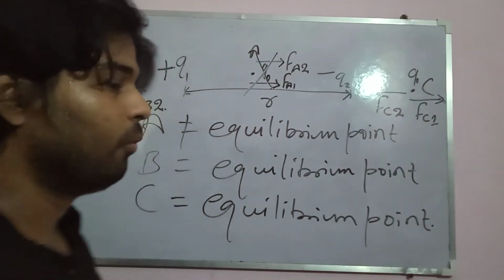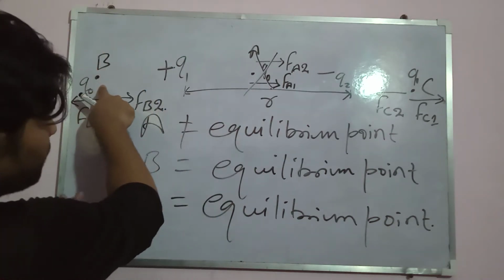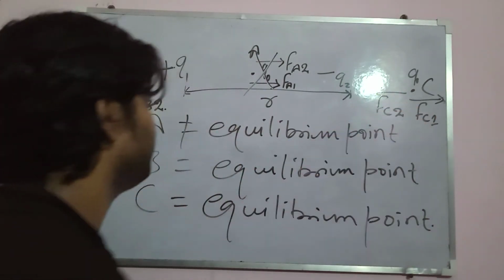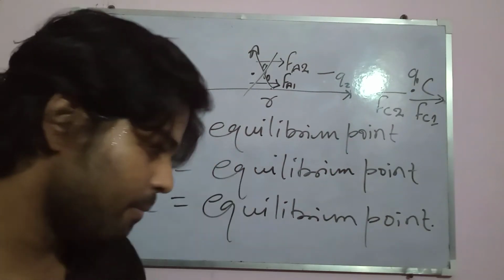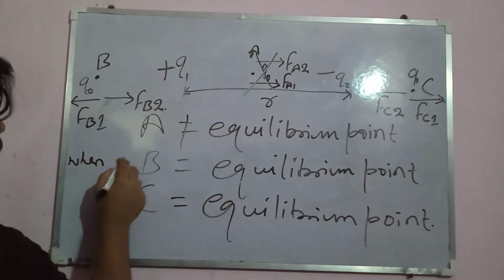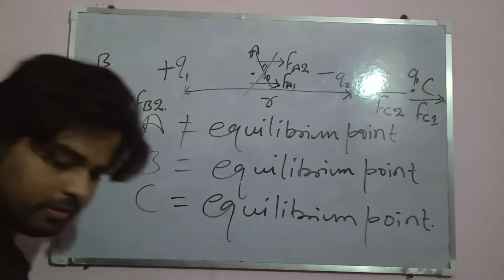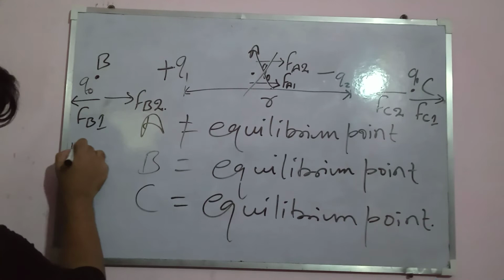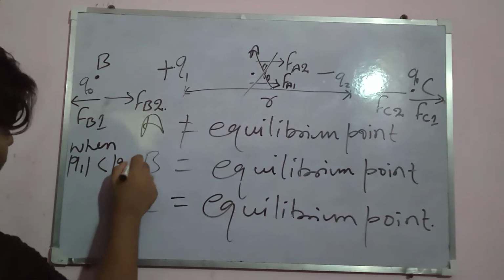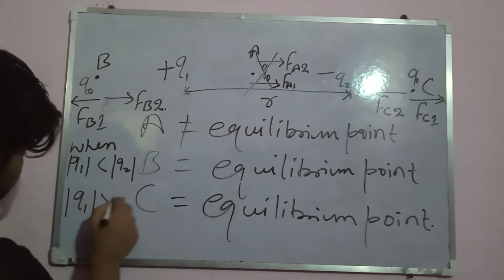So our conclusion is that B will be the equilibrium point when the magnitude of Q1 is smaller than Q2, and C will be the equilibrium point when the magnitude of Q1 is greater than Q2.